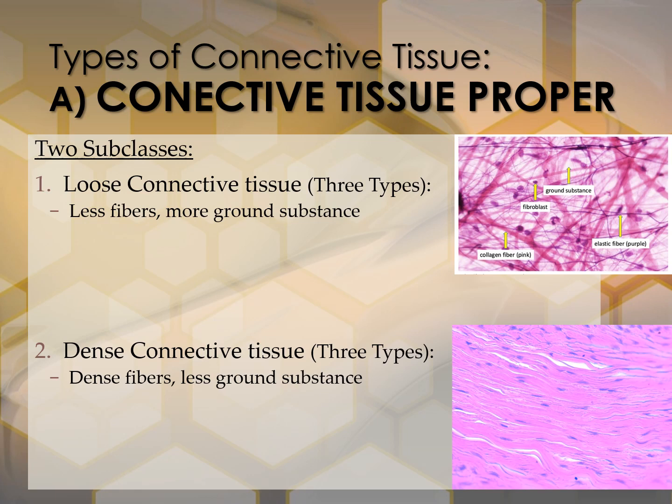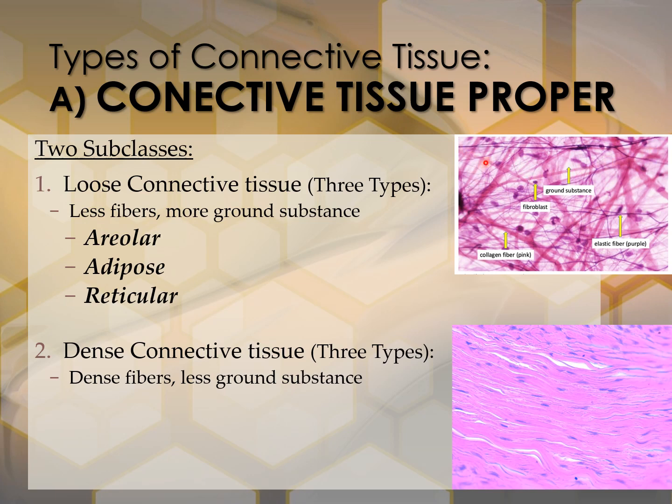So loose connective tissue, we have three types of loose connective tissues. Now we have less fibers and more ground substance when we're talking about loose connective tissue. And this is our areolar connective tissue, adipose tissue, which is fat, and reticular connective tissue. So we have three types of these loose connective tissue.